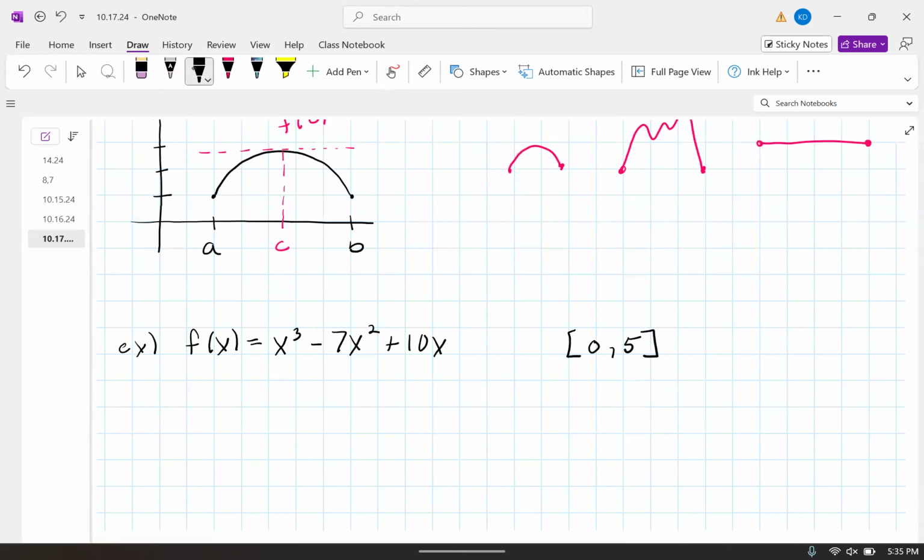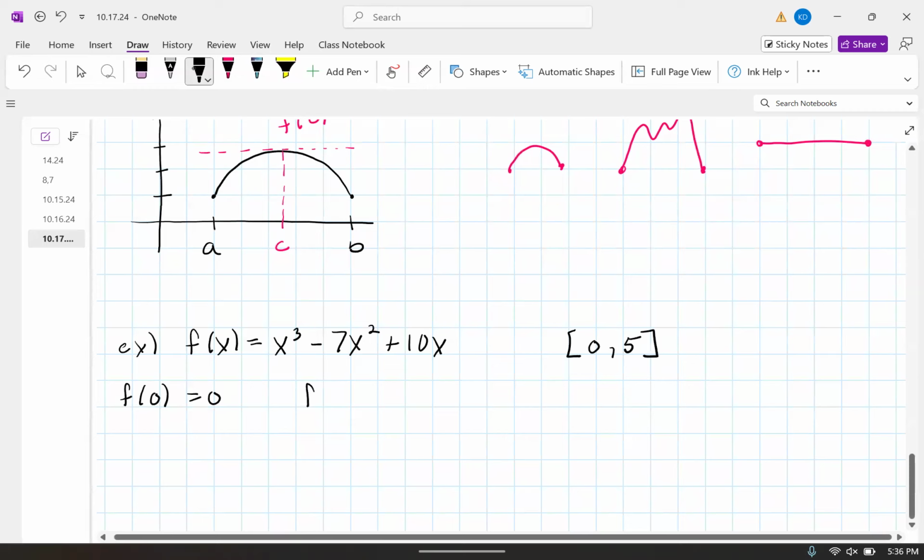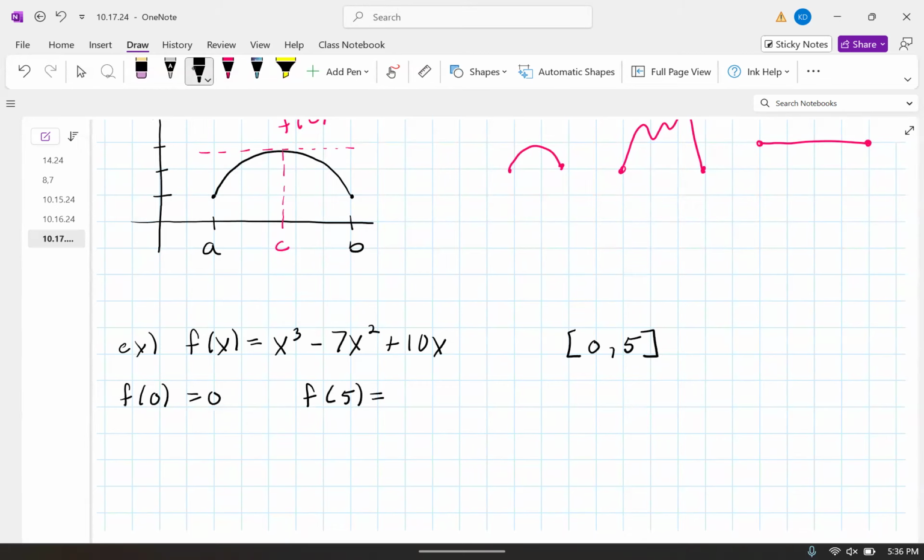So plug in 0. What do we get out? What's f of 0? 0. Yeah. Probably, but we should check f of 5 too. You make me do it, aren't you? 5 to the third minus 7 times 5 squared plus 10 times 5.